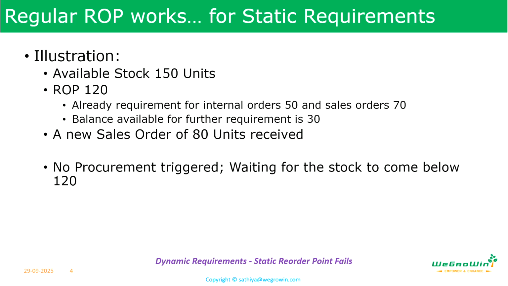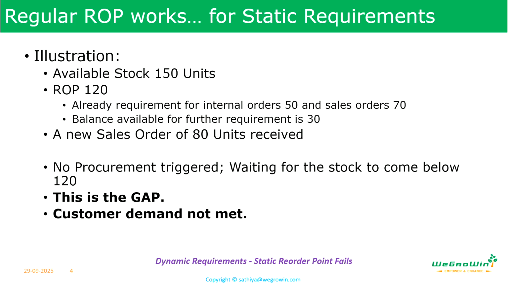But in reality, after allocating the already existing requirements, that is 70 plus 50, 120 units, you only have 30 left and you cannot serve the future demand. So the new sales order, we are not able to meet. This is the gap. Businesses using simple reorder point planning often fail when sudden demand spikes happen.